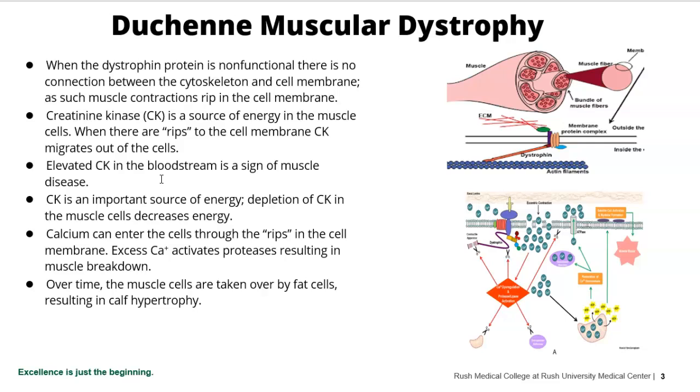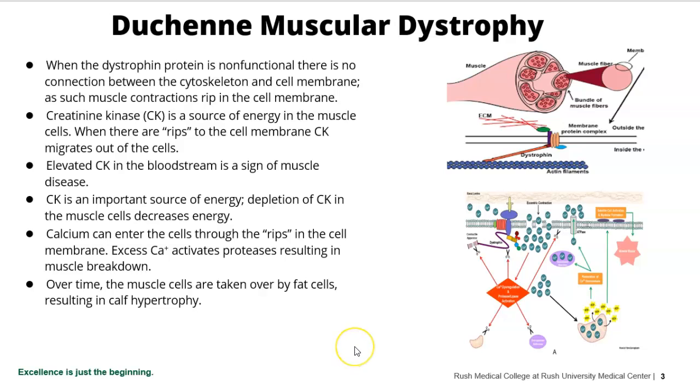The elevation of CK isn't a problem in and of itself, except sometimes when it gets too high, it can cause kidney problems. CK is also important for energy, and so depletion can decrease the muscle energy that's available.